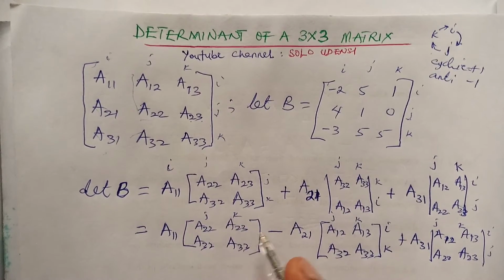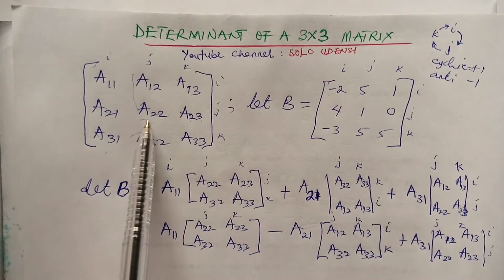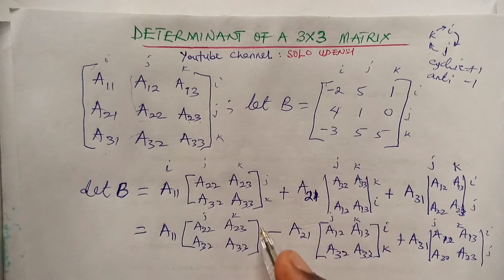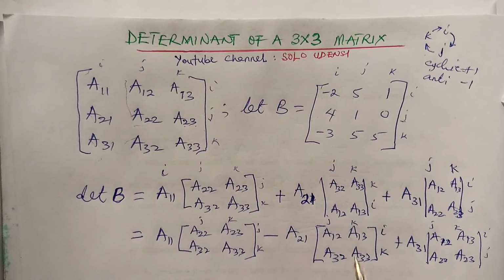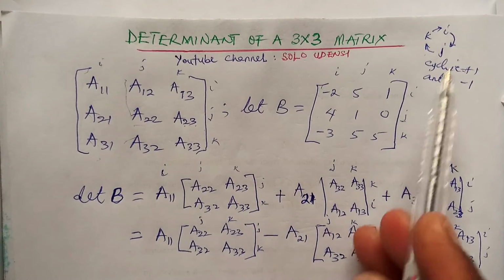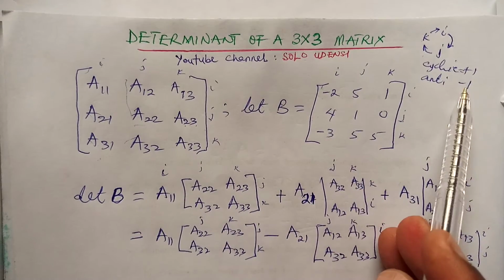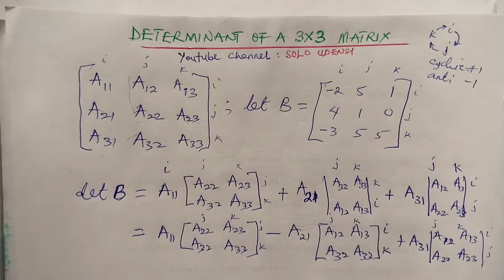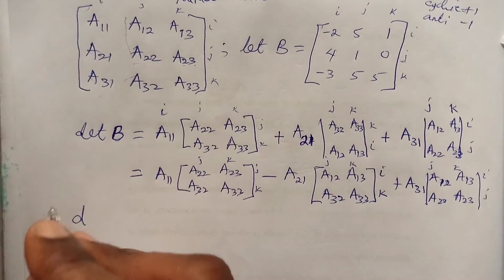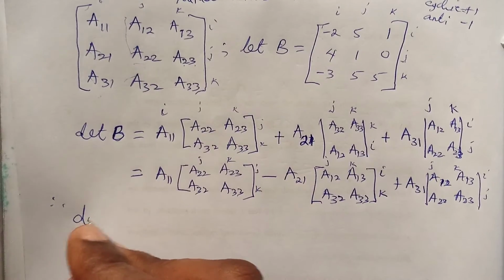A22, A23, A32 is also JK, another JK cyclic. IK anticyclic. So we have minus there. So let us now solve these two things that we have enunciated.